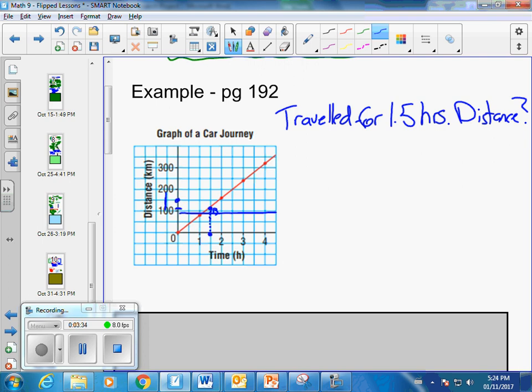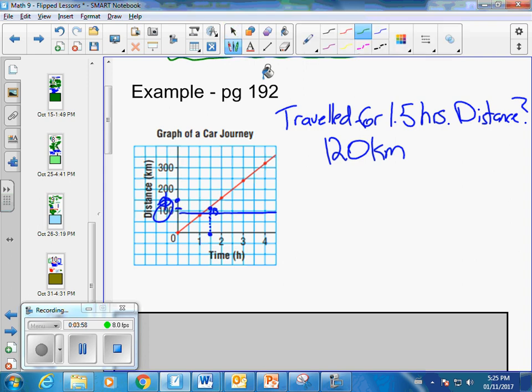So I know this number is going to be less than 150. It's probably going to be closer to 100 than it is to 150. So I'm going to say that this is roughly, let's say, 120 kilometers. Again, we are guessing or estimating here, so it's not a huge deal if we're not exact. That's not what they're looking for.